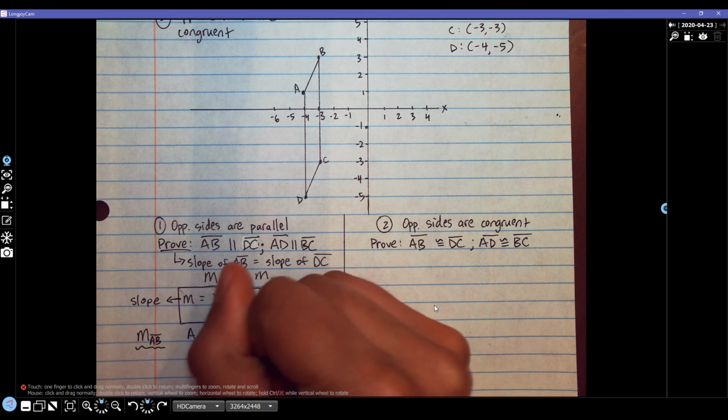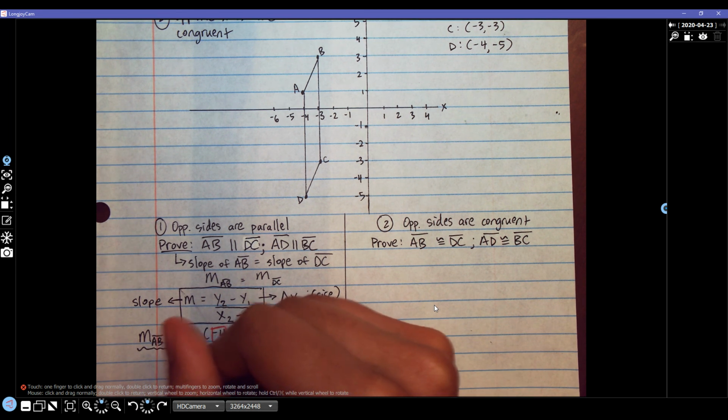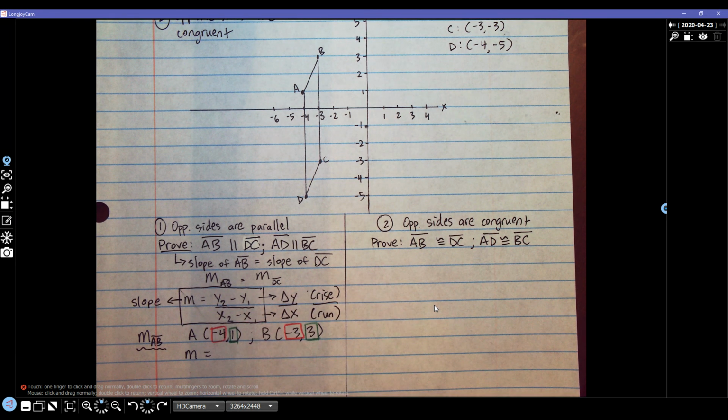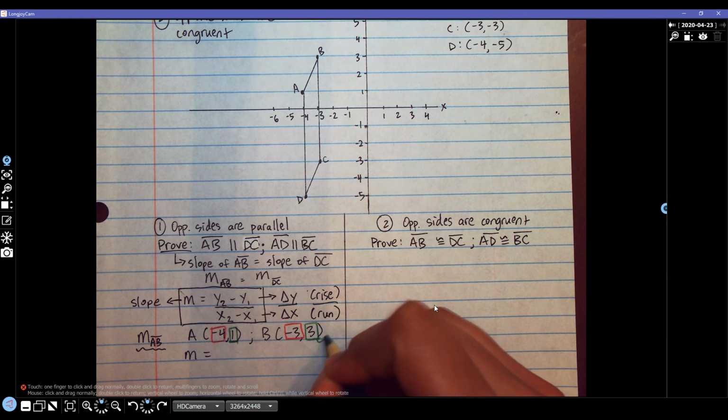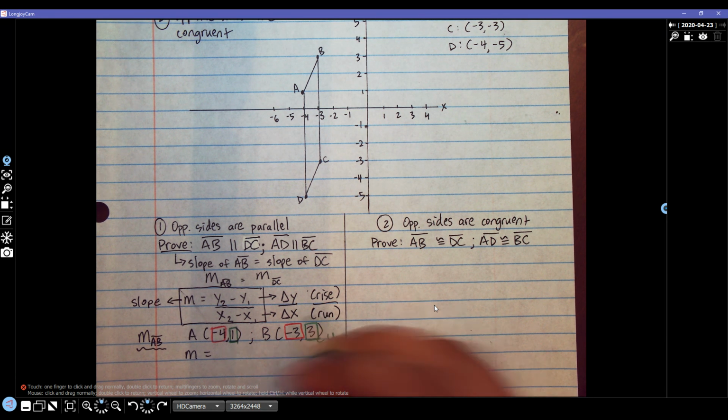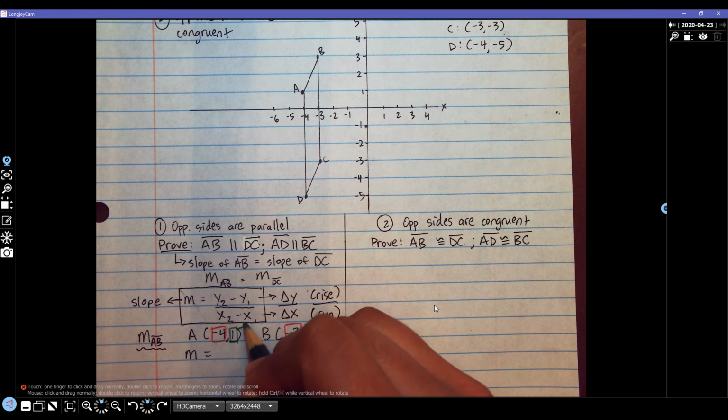So we know that to find the slope, our numerator will be the difference of our y values. So I'll make this one my y2, and then we'll make the 1 my y1.